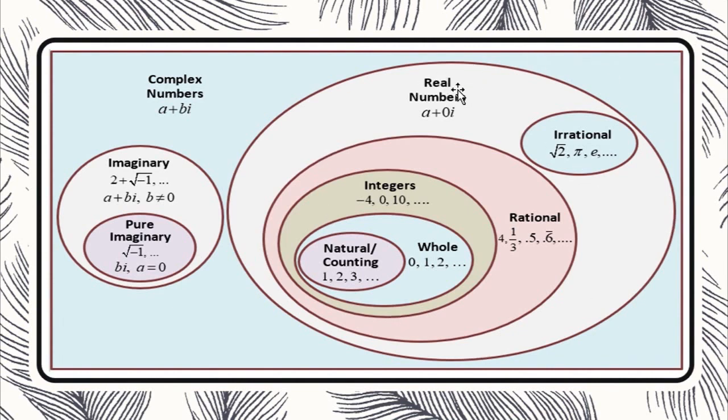So under the real number system are the irrational and the rational numbers. So under sa imong rational, you have your integers. Under your integers, you have your whole numbers. And we have the natural or the counting numbers. So, mao ni siya ang ato ang mga numbers nga nahibaw-an.